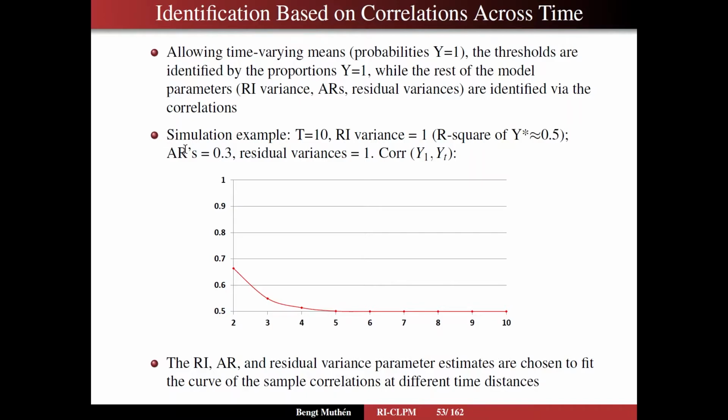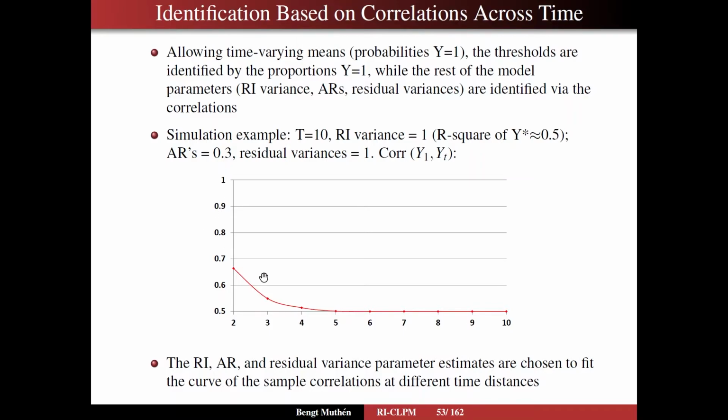So here's an example. I have simulated data according to this: T equals 10 time points, random intercept variance 1, which gives R square of y star approximately 0.5, autoregressive coefficient 0.3, and residual variance is 1. So I'm looking at the correlation between the first and another time point here. Then you have an initial correlation between time 1 and time 2 of 0.666767, which agrees with one of the plots if you interpolate between AR 0.25 and AR 0.5.